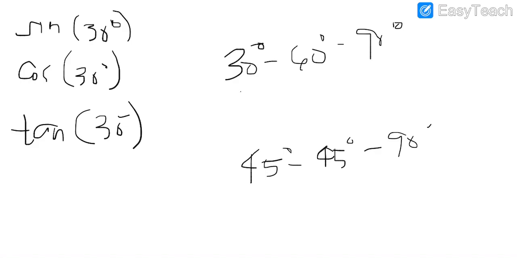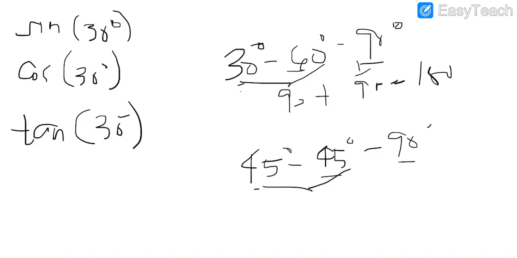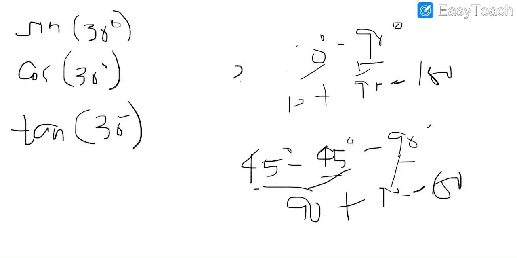So these angles, if we add them, the sum would be 180. So 30 plus 60, that's 90, plus 90, that is 180. Here 45 plus 45, that's 90, plus this one 90, they also make 180.